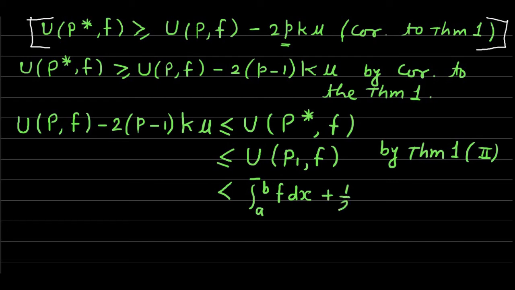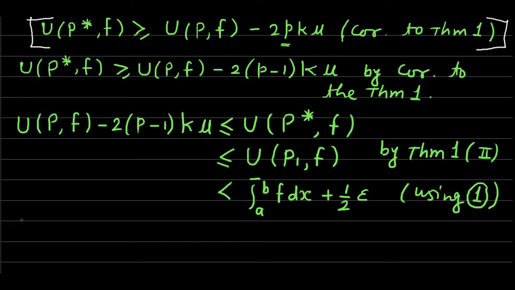Epsilon by 2 means 1 by 2 epsilon. So by using the relation number 1, we have written this. Now, whatever we have obtained here, this one term will shift to the right hand side and we will get the required result.